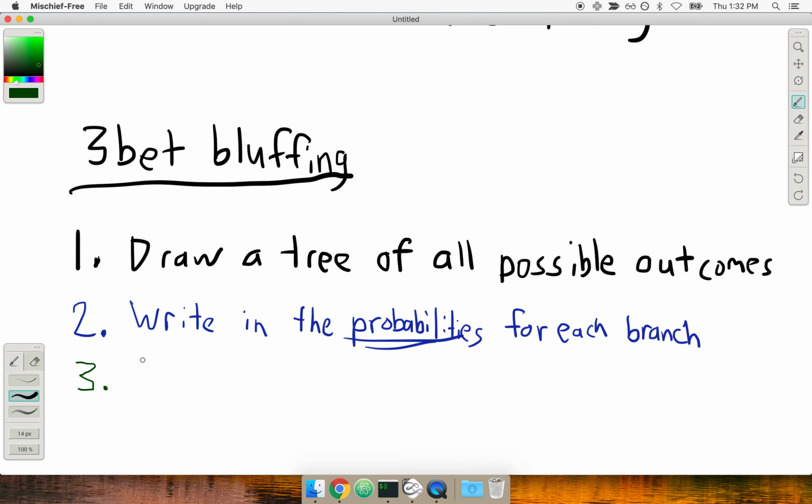So now let's say that step 3 is to write in the outcome, or I guess we can say the result for each leaf.